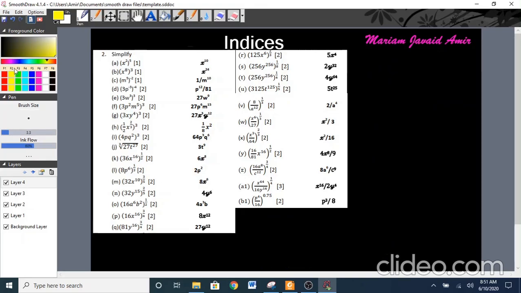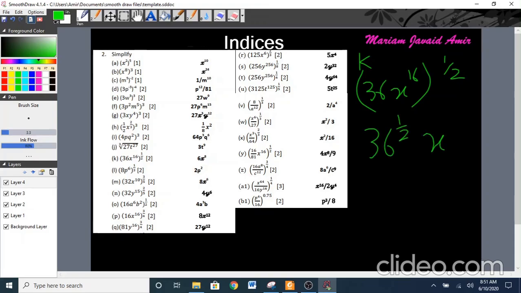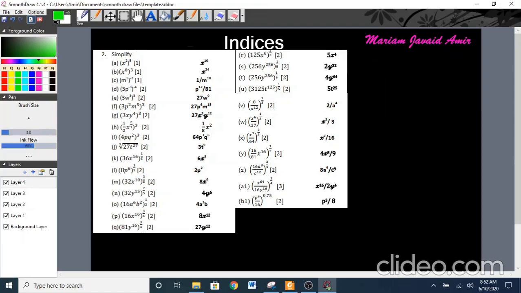Part K, 36 x 16 power half. So 36 power 1 times half is power half, x 16 times half is power 8. Now remember, half was under root, so 36 under root is 6, x 8 is the answer for part K. Part L, 8p6 whole power 1 by 3.